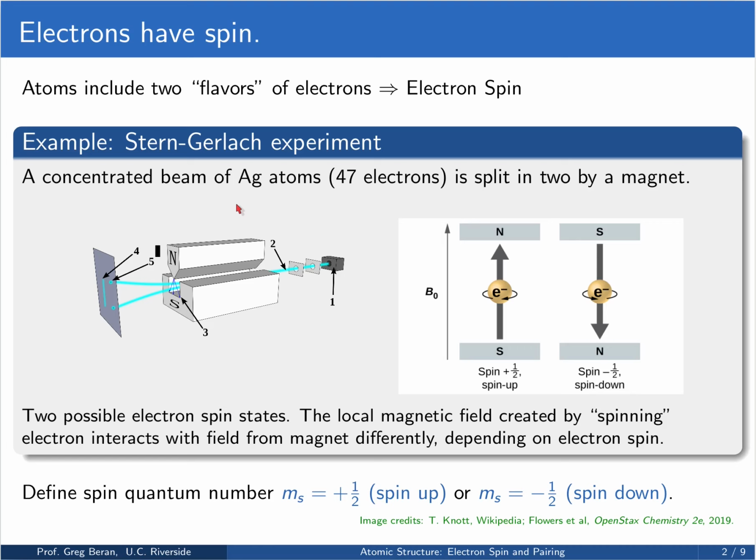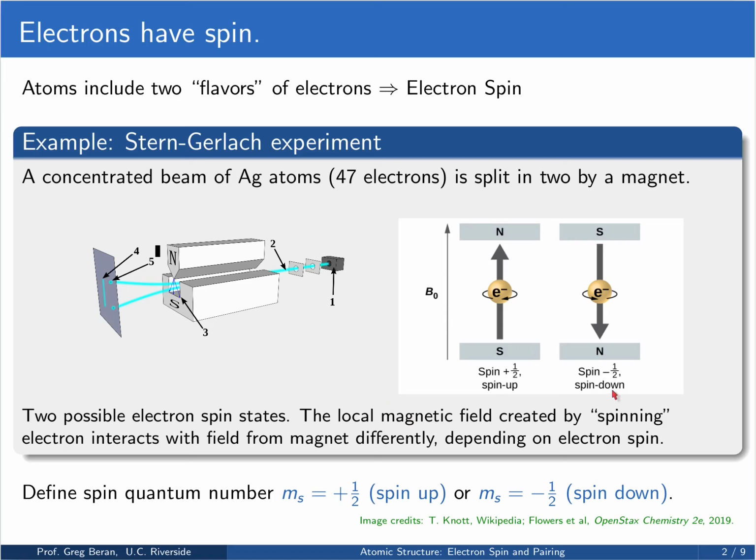That spinning electron, that angular momentum of the charged particle, creates a local magnetic field. That local magnetic field then interacts with the permanent magnet that the beam is passing through. And depending on the nature of that field, it's going to interact differently. So the spin-up electrons and their local magnetic field will interact in a different manner than the spin-down ones do when they pass through this magnet. And so the beam gets split in 2 because we have roughly half spin-up and half spin-down.